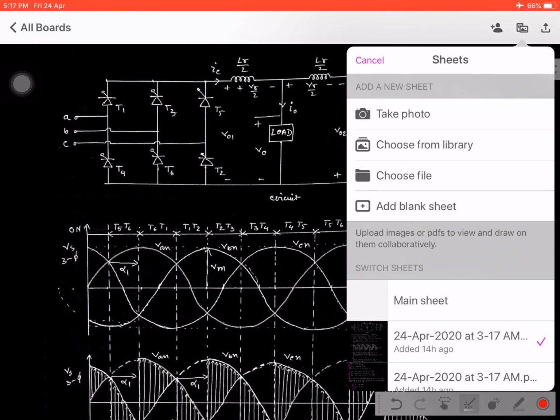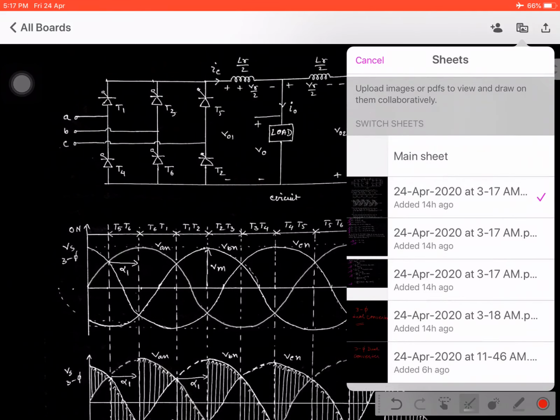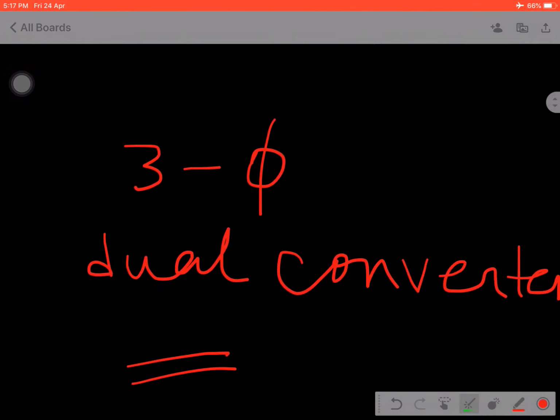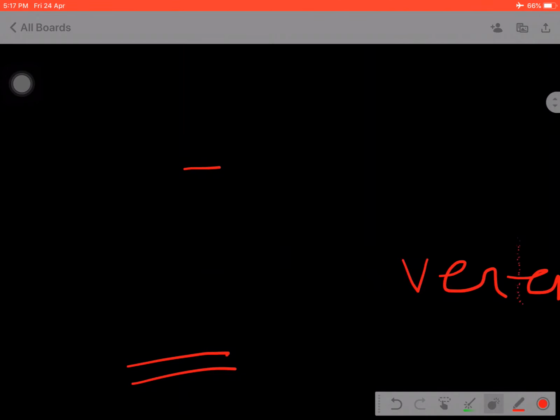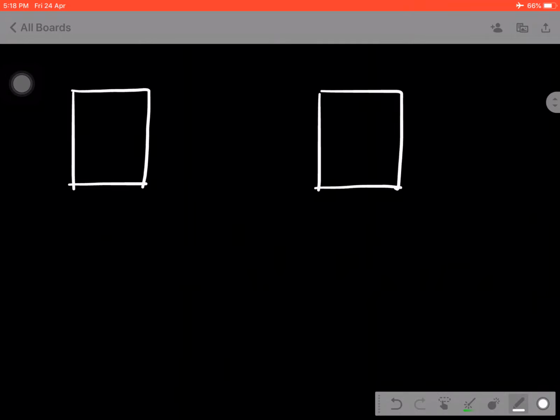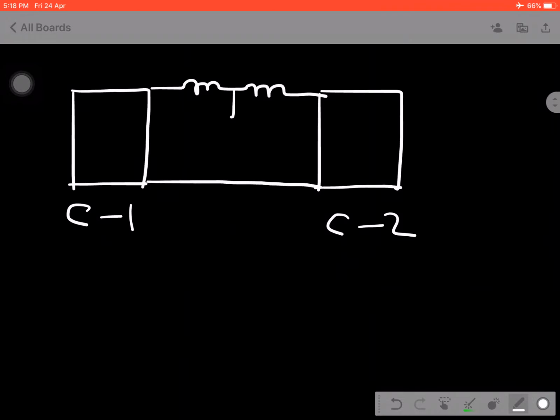I am going to explain it in brief. Suppose we consider two converters here, converter 1 and converter 2, with a reactor, and the load is a drive load or any DC motor.